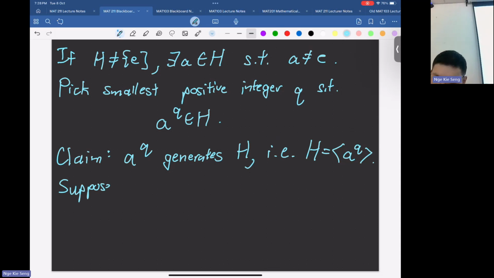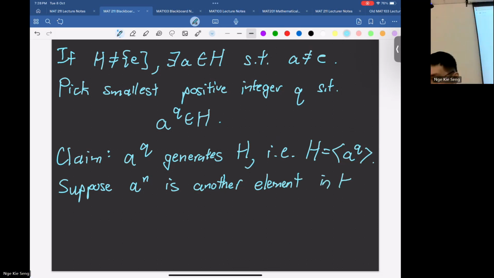So suppose A^n is another element in H. To show this is generated by one element, what do you need to do? You need to show that for every element in H, you can write it as a product of A^q.